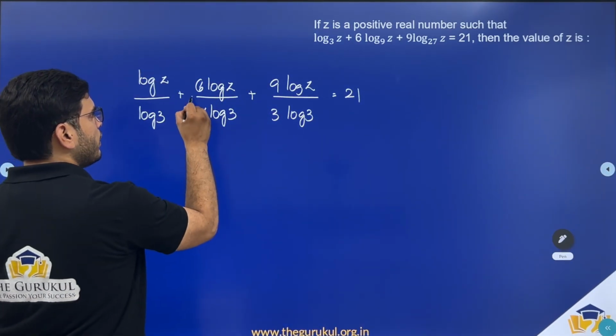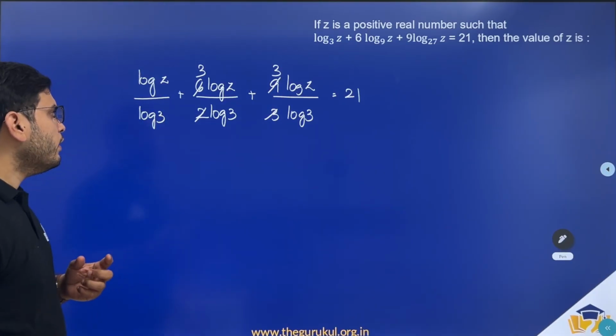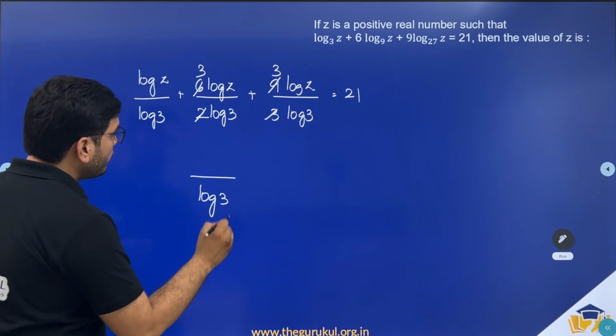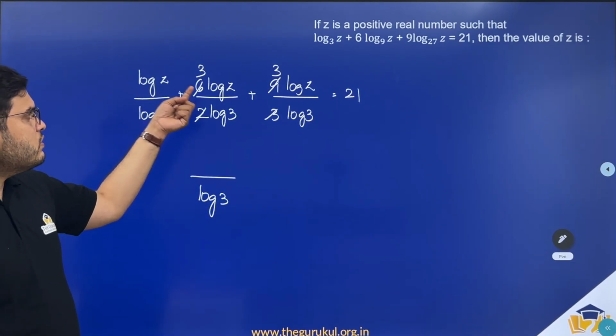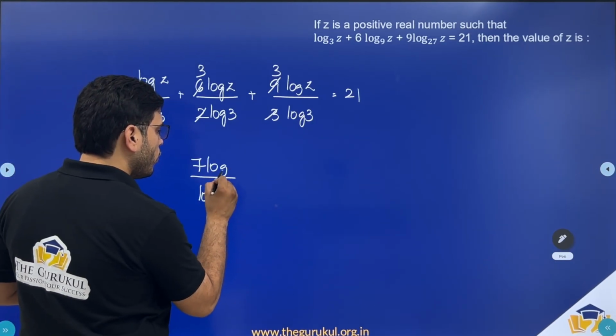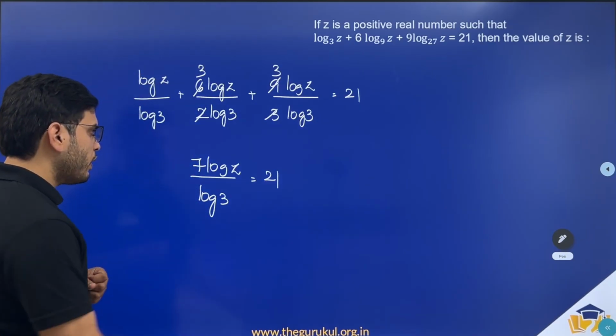So this is 3, this is 3, then LCM would be log 3, and then in the numerator we have log z plus 3 log z plus 3 log z. So we have 7 log z by log 3 is equal to 21, right?